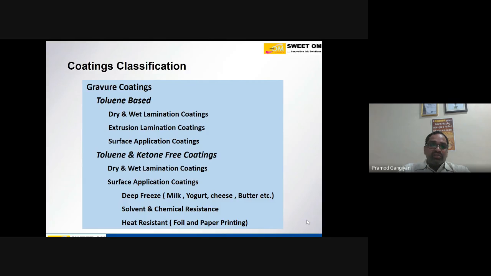Okay, there is another dimension, like deep freeze applications: milk, yogurt, cheese, and butter, all those products where we can apply these coatings. Like if you see some chocolates available, right? On the chocolate, there is an aluminum foil, and on the aluminum foil there is always a yellow color.